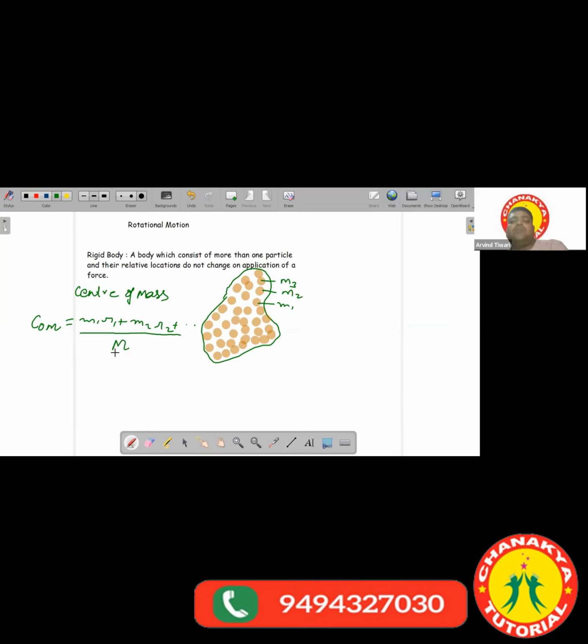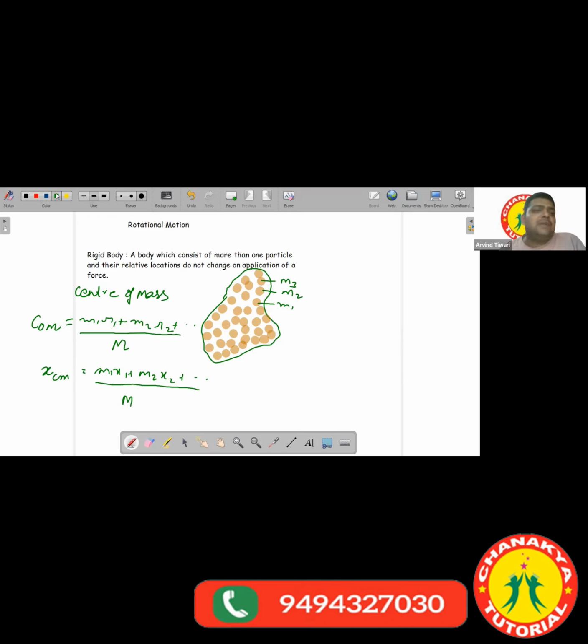We did this for the x-axis: x center of mass is equal to m1x1 plus m2x2 and so on, divided by the total mass, which was m1 plus m2 plus m3 and so on, right? So this is the center of mass.